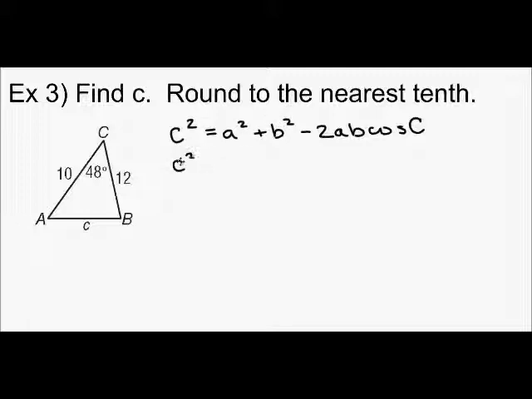So c squared equals 12 squared plus 10 squared minus 2 times 12 times 10 times cosine 48 degrees. You can put this all in to your calculator at once, but there's a lot of stuff here.